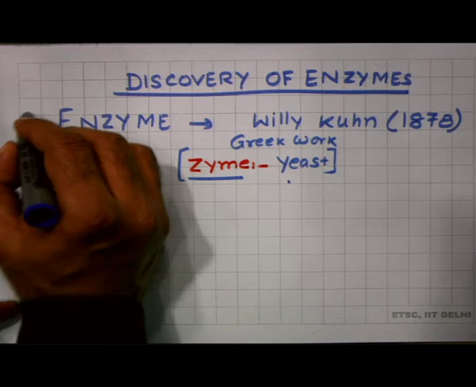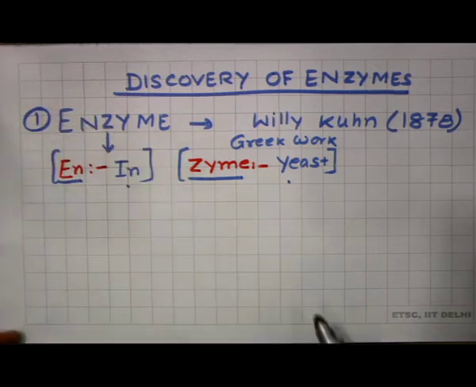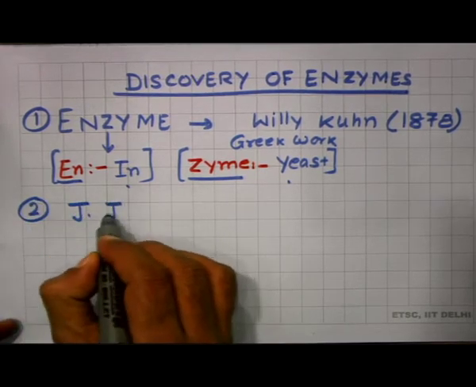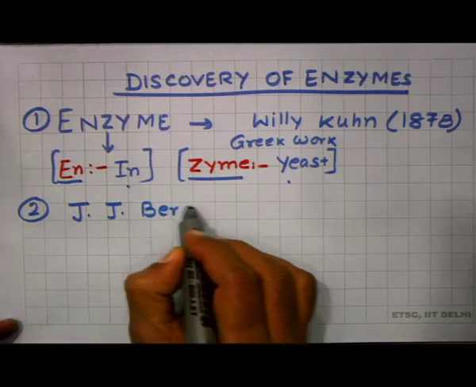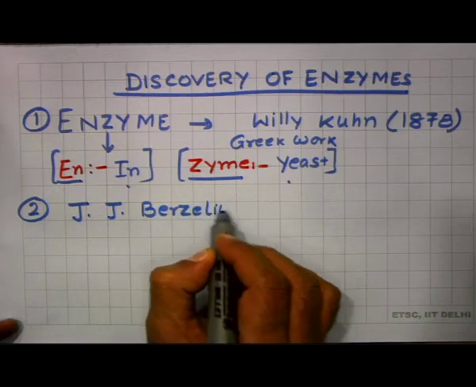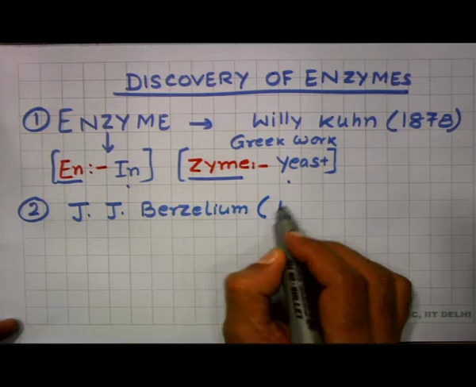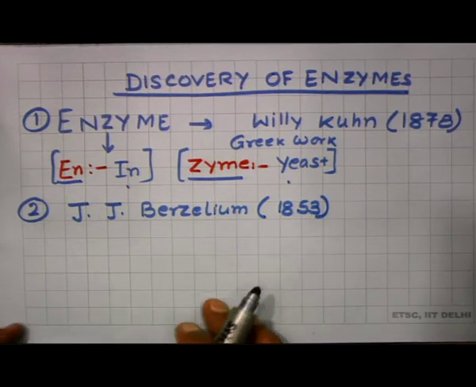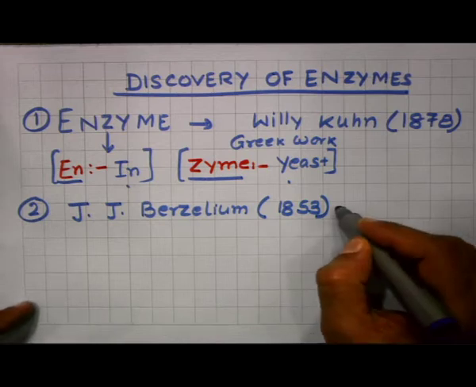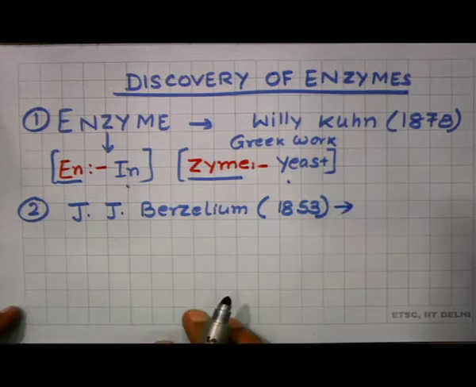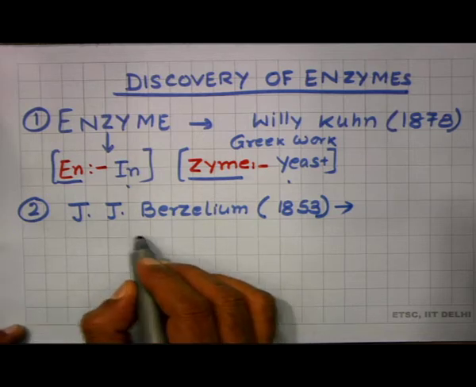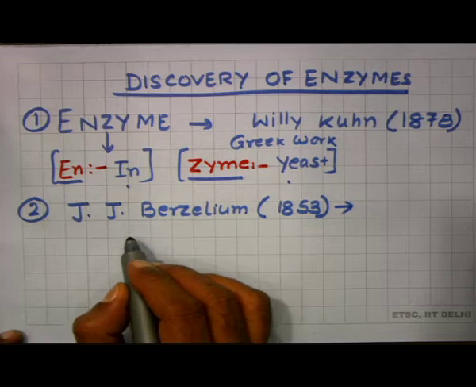The next scientist after Willy Kuhn was J. Berzelius. In 1853, before the term enzyme was given, J. Berzelius first predicted the existence of a biological catalyst as enzyme.